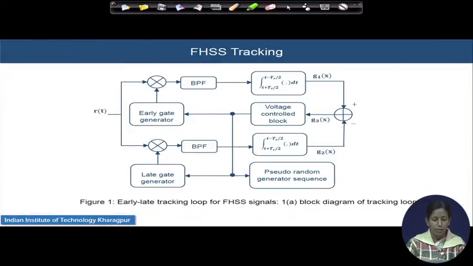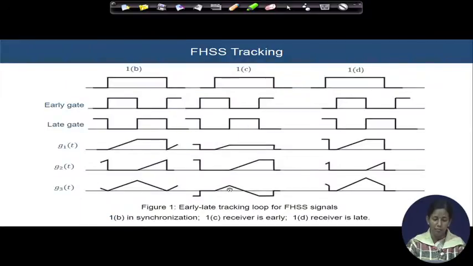And if there is perfect synchronization, remember the early gate generator is generating the chip for half of the chip period, and the late gate generator is generating for the remaining half of the chip.